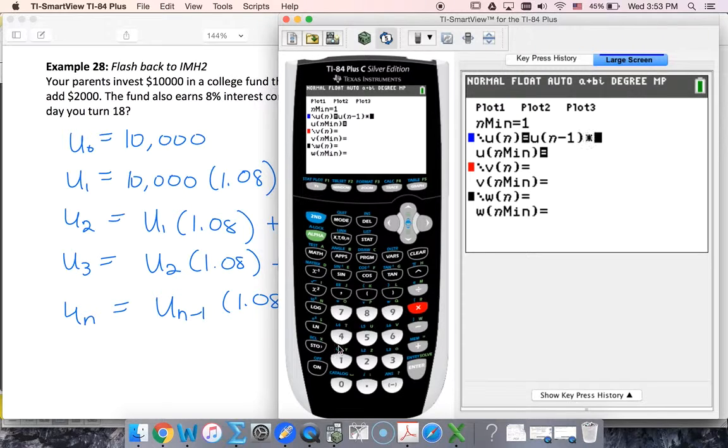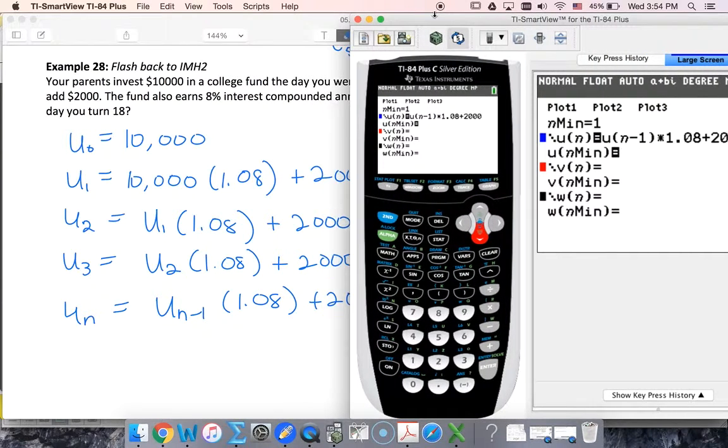Then we multiply this by 1.08 for my 8% interest, and then add 2,000. Our first term is going to be the 10,000 times 1.08 plus 2,000.